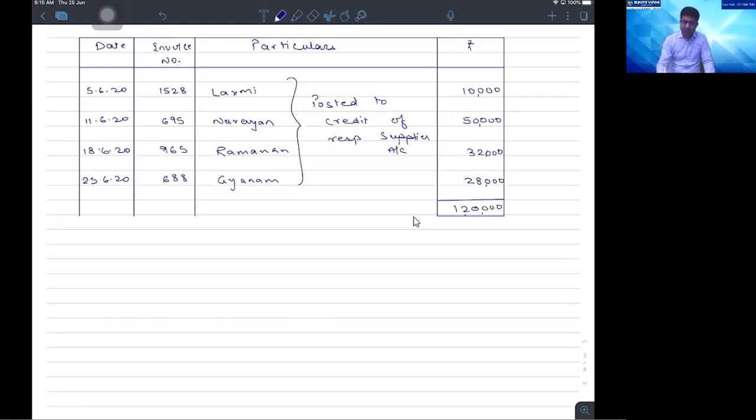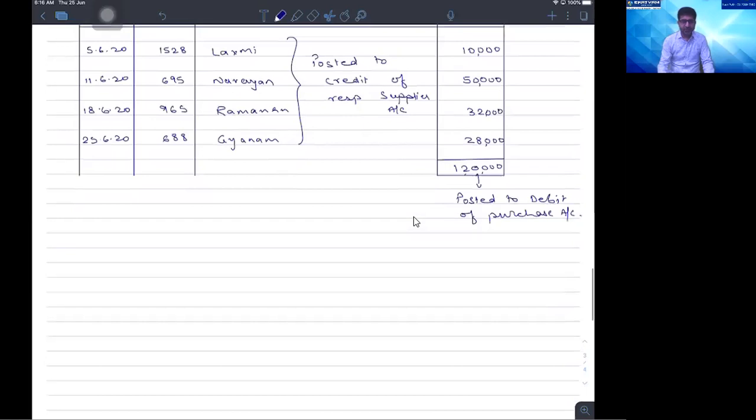And this total will be posted to debit of purchase account. Is it right? So what all accounts we need to prepare in this case?